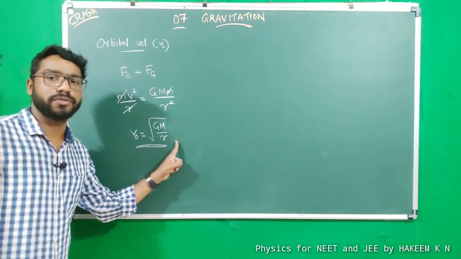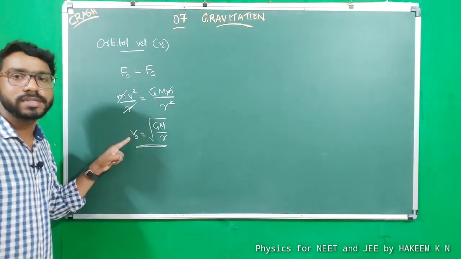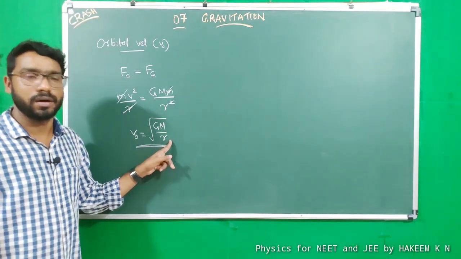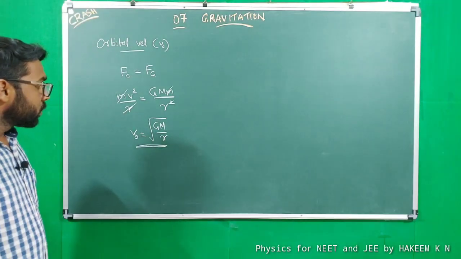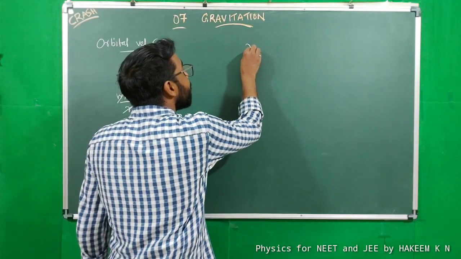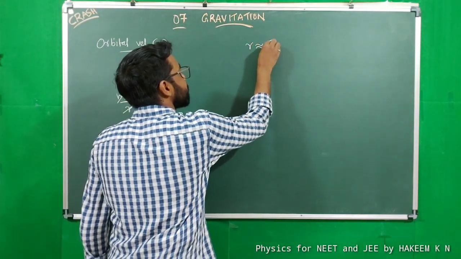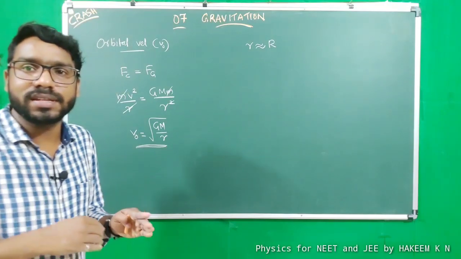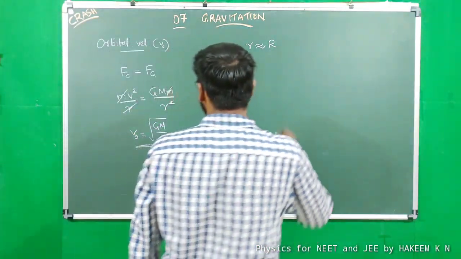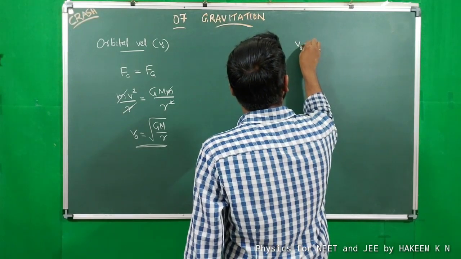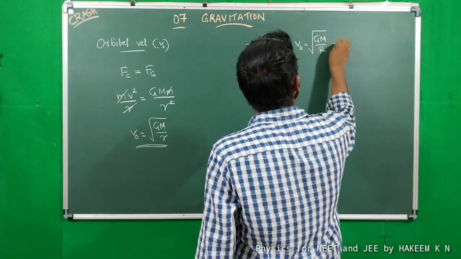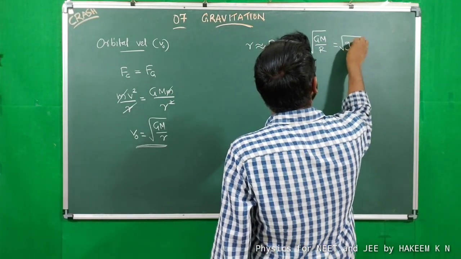As the radius of orbit increases, orbital velocity decreases. Root of GM by r. If the satellite is revolving very close to Earth's surface, small r we can write as capital R, then we get orbital velocity root of GM by capital R. This we can write as root gR.